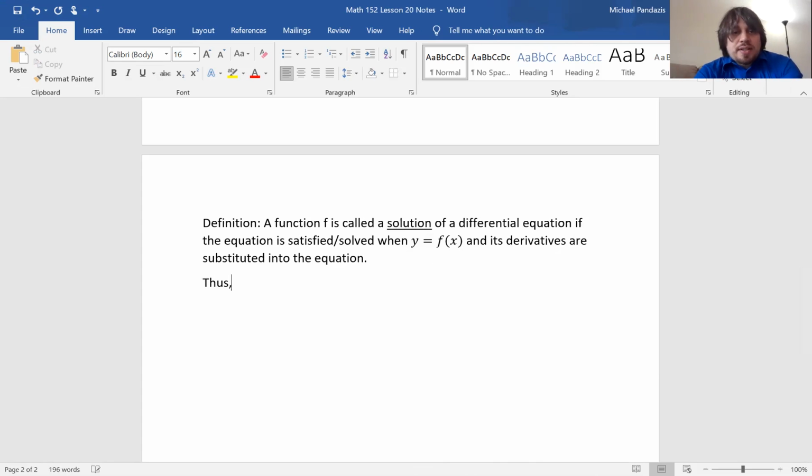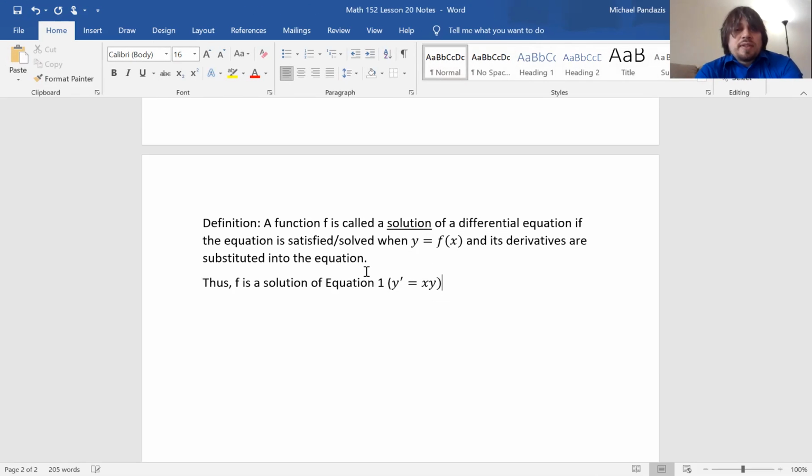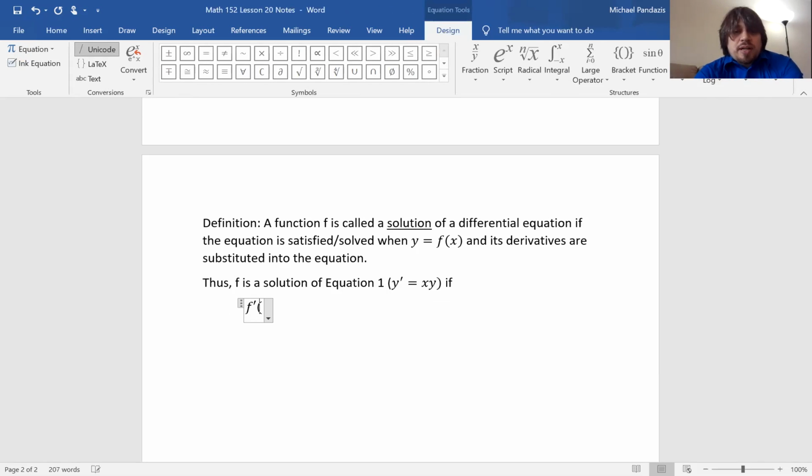Okay, thus f is a solution of equation 1, which I'll remind you is y prime equals xy from above, if f prime of x is equal to x times f of x.